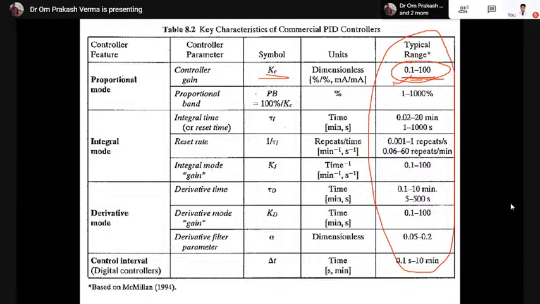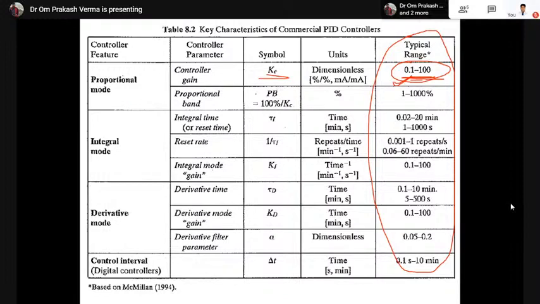If your response is not satisfactory from this range, then try to change the controller type, and combine this one with PI or something else.